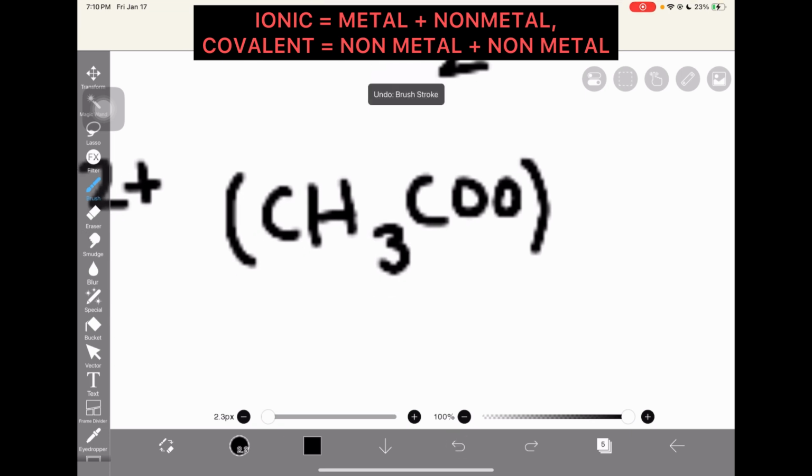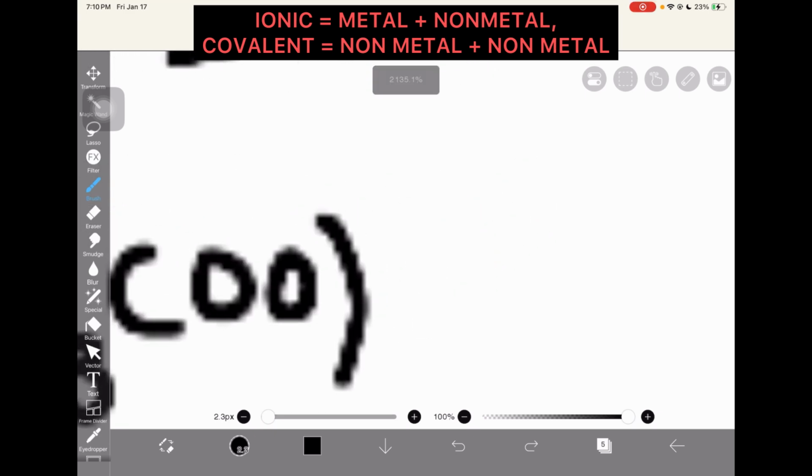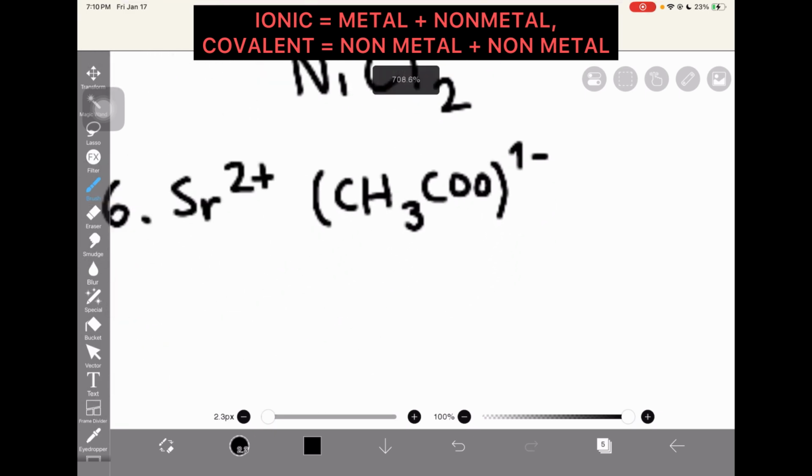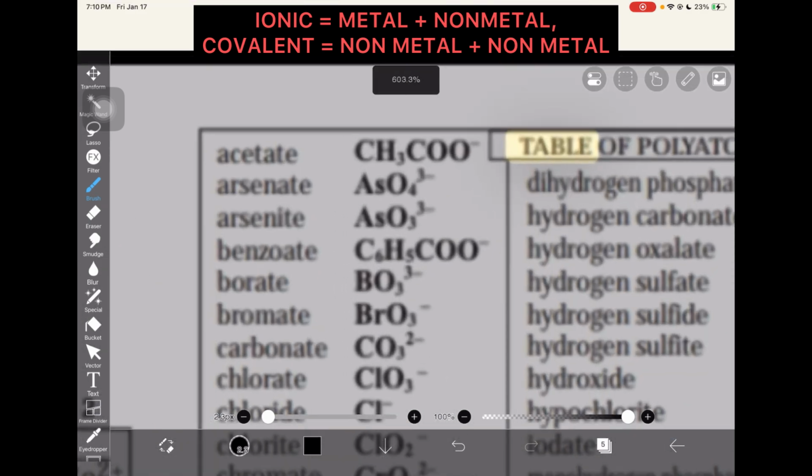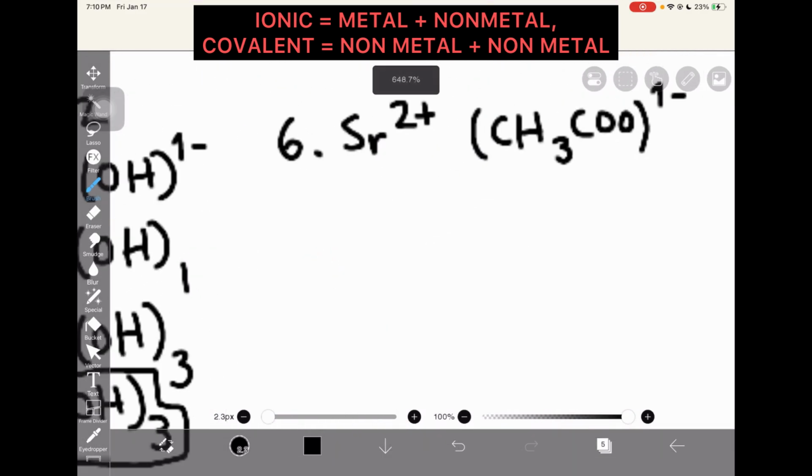inside the parentheses never ever change. Never. If those numbers change, that will change the polyatomic ion, which you don't want. So just put the charge outside. This is 1 minus, as you can see over here. Then we do the drop.